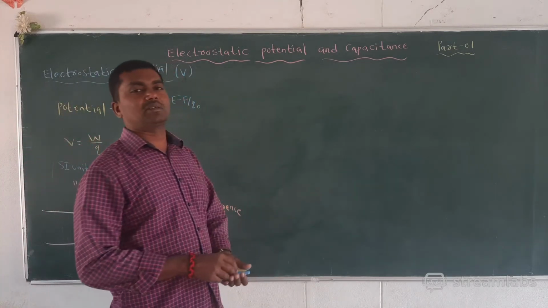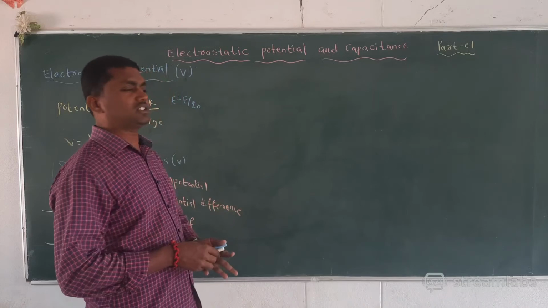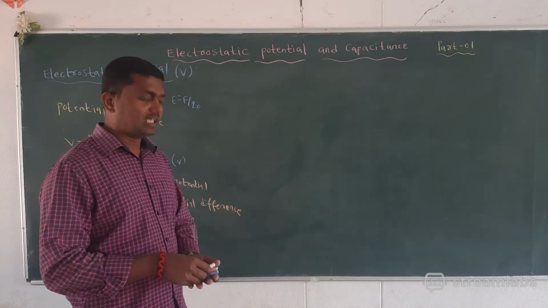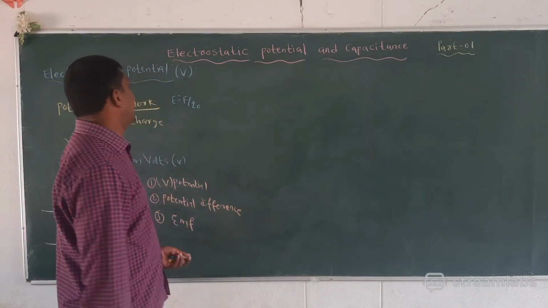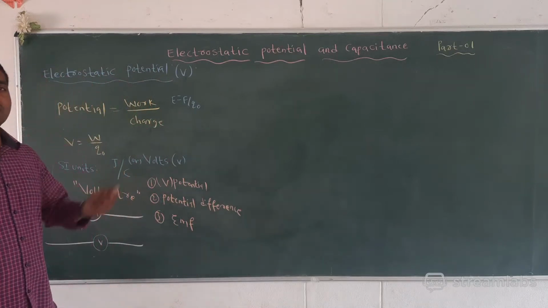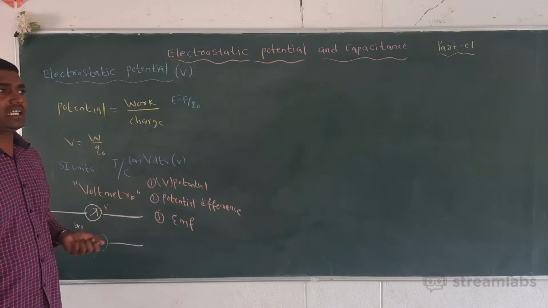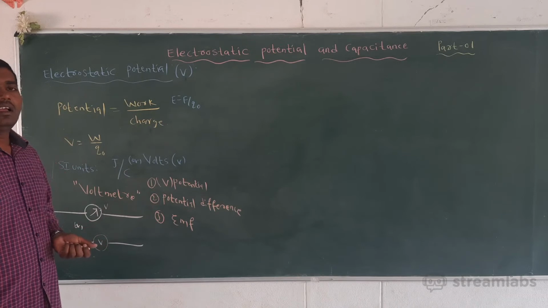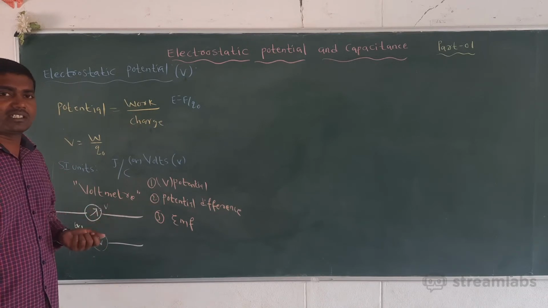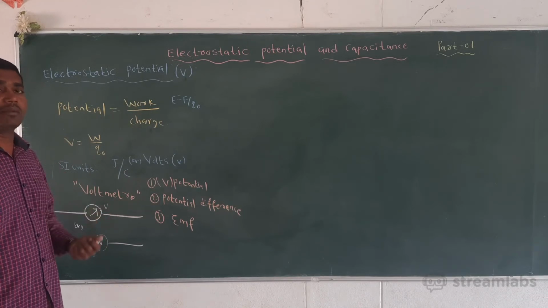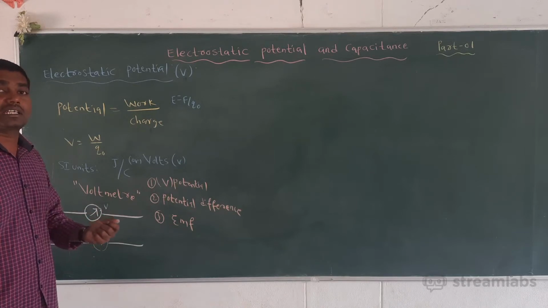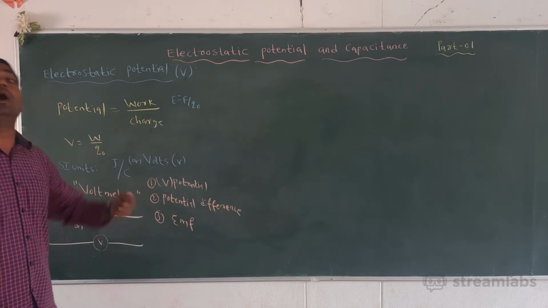Next we can discuss our first topic, the first 4 marks question and an important one. In the previous chapter, electric field and charges, we defined electric field intensity and calculated the electric field intensity due to a point charge.